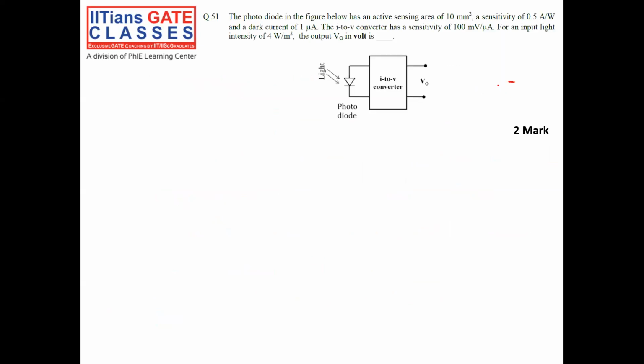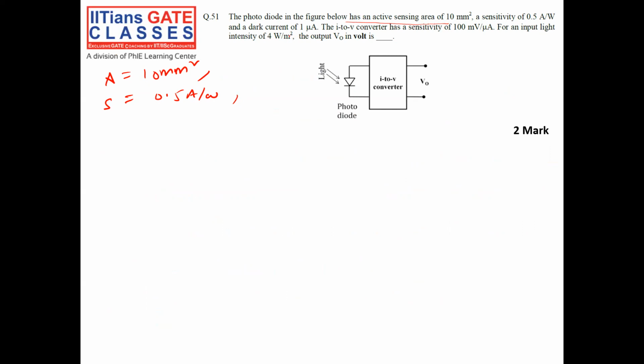This is the next question. The photodiode in the figure below has an active sensing area of 10 mm square, right? The photodiode sensitivity is given as 0.5 ampere per watt of the input power. Dark current is given as 1 microampere.